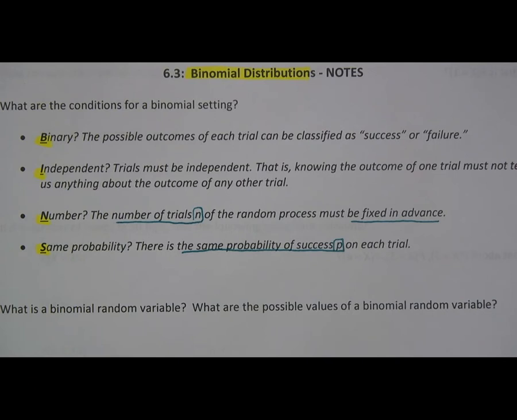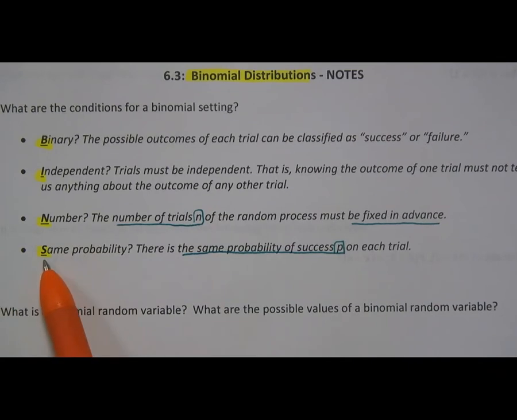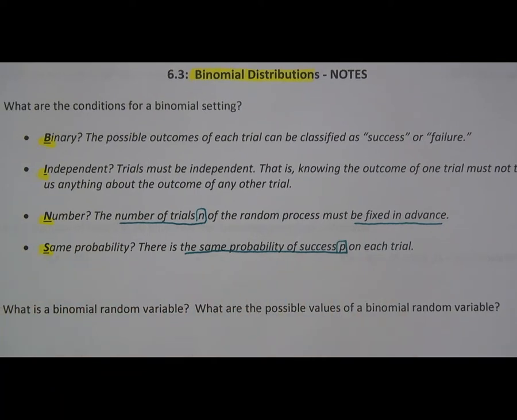What's the probability that you flip heads? 0.5 every single time. The same probability every single time you flip a coin. So S means, do we have the same probability of success on every single trial? And if you do, then you can check it, and that just takes you through the BINS acronym. So you know as a student, hey, this is a binomial situation, so I can use all the binomial formulas on the formula chart.